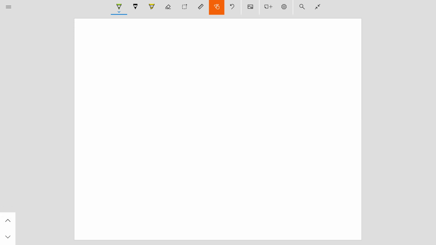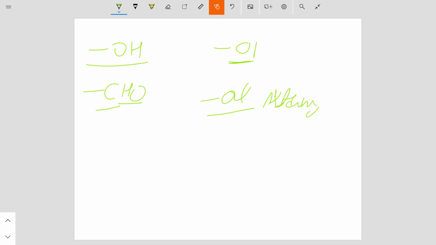The next one is OH, alcohol. It has a suffix that is -ol. Then you have CHO, one carbon plus HO. When you have this -al, these are aldehydes. These are alcohols.